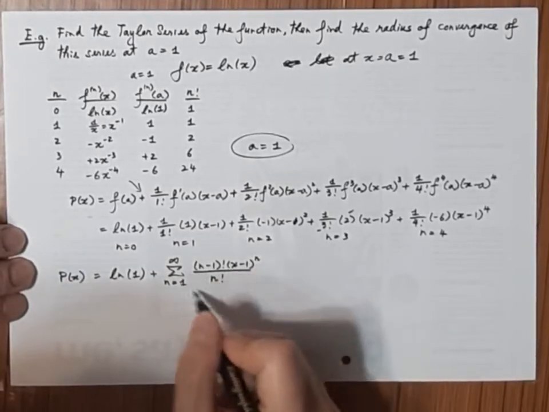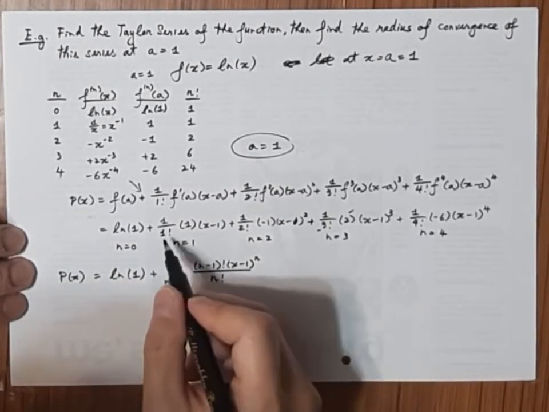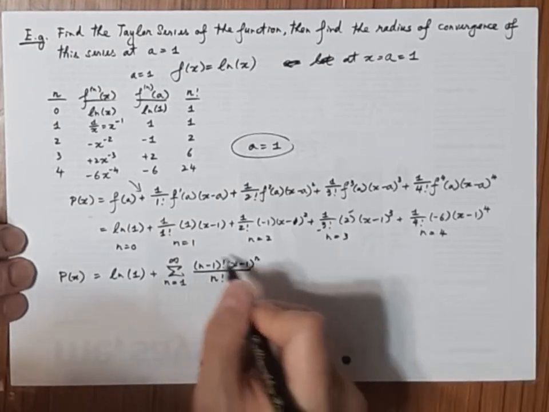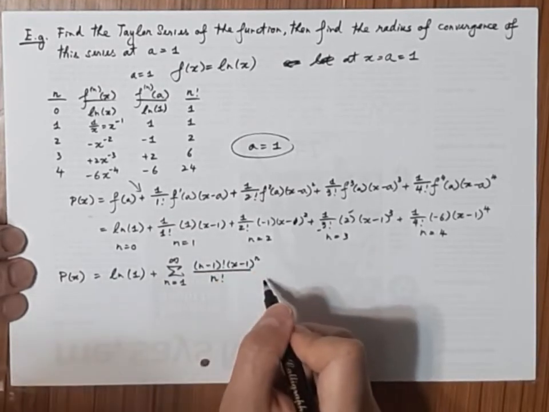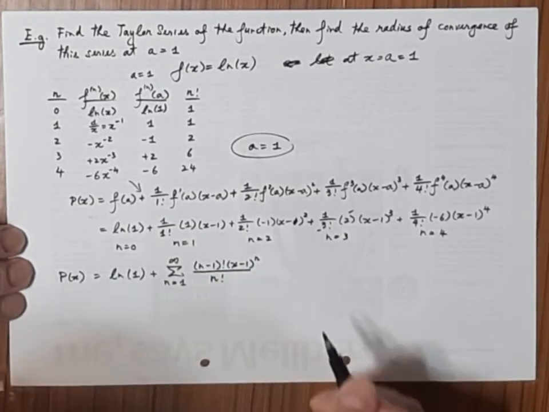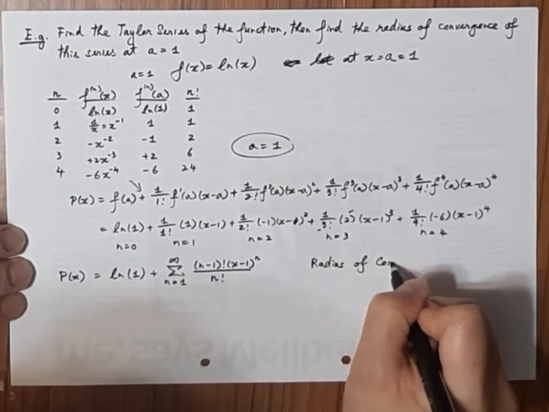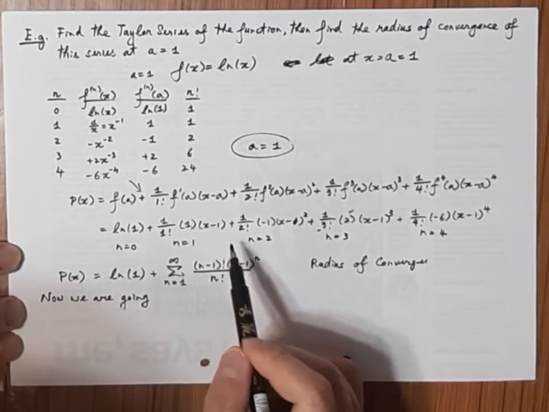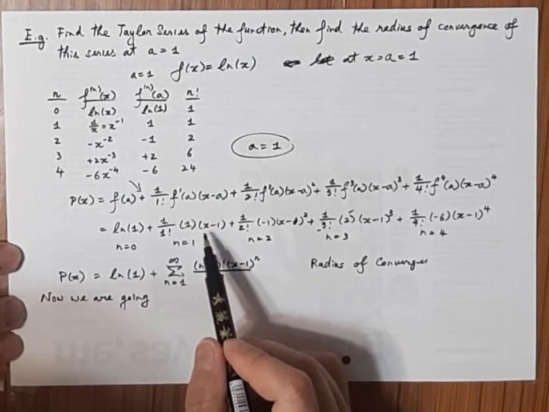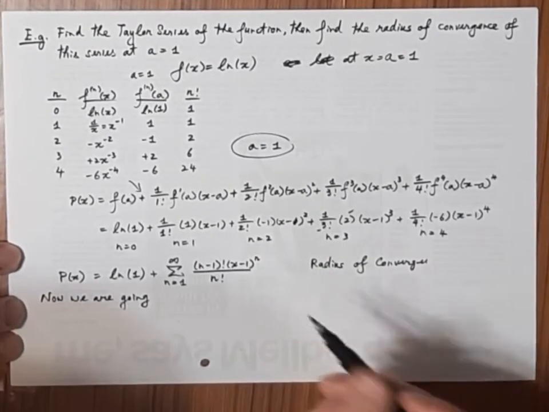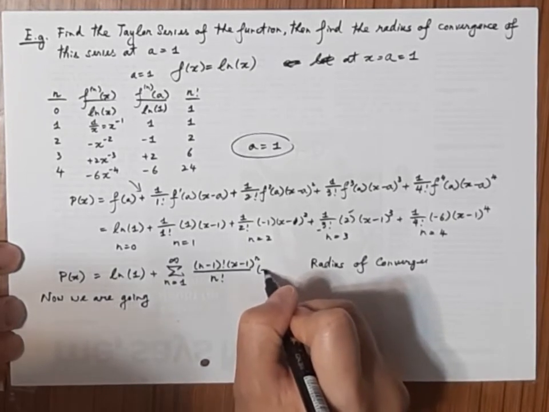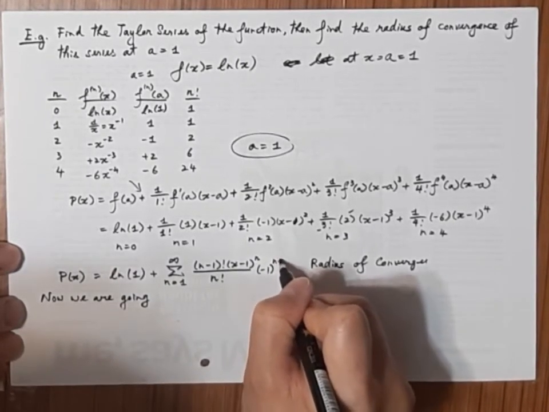So this should be the n term of this Taylor series. So I simplified the n term of this Taylor series to here. Now I want to find out the radius of convergence. And also for the alternating negative sign from n equal 1, n equal 2, 3, and 4, I multiply by minus 1 to the power of n plus 1.